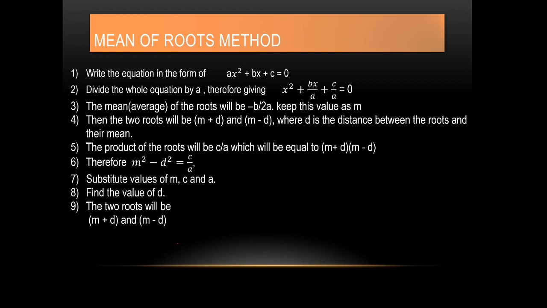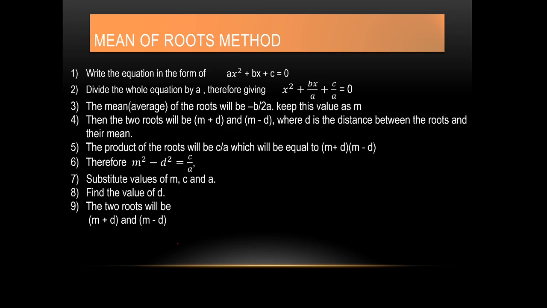So first we write the equation in the general form, then we divide the whole equation by a, taking out the coefficient from x square. Then the mean of the roots will be minus b by 2a, and the two roots will be m plus d and m minus d.